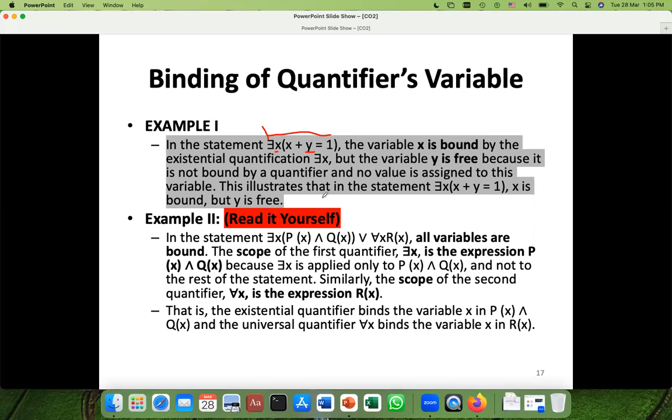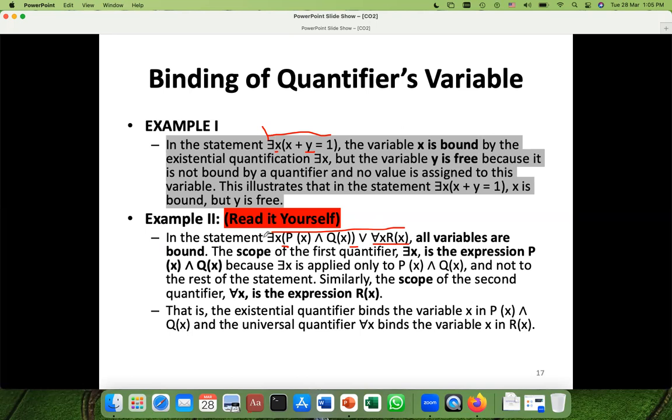Similarly, if you have this mathematical equation in which one portion starts here and ends here, and after the disjunction you have another portion, now we have to discuss the scope of the quantifier, not the variable.